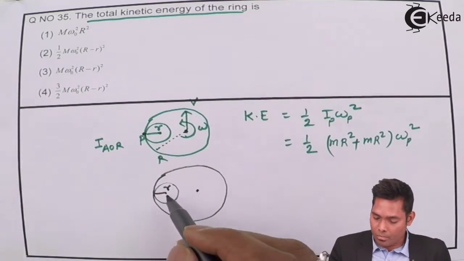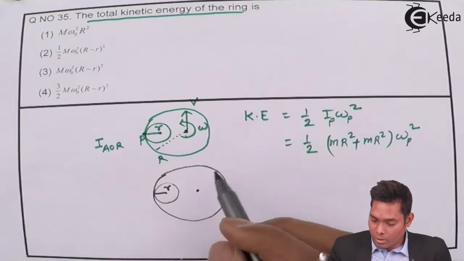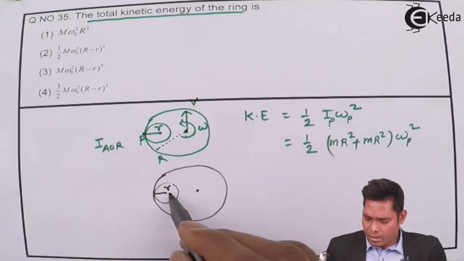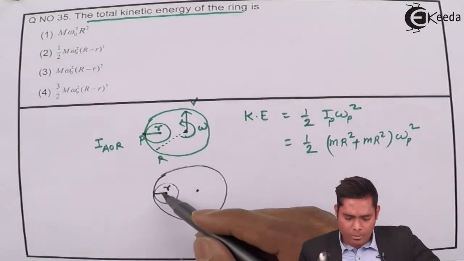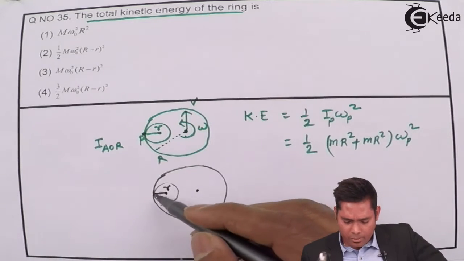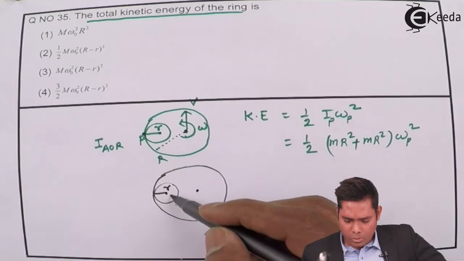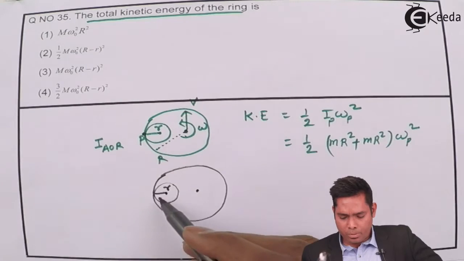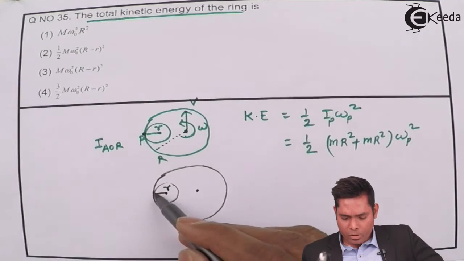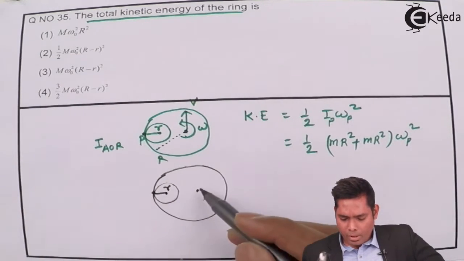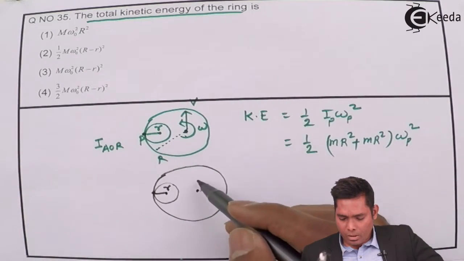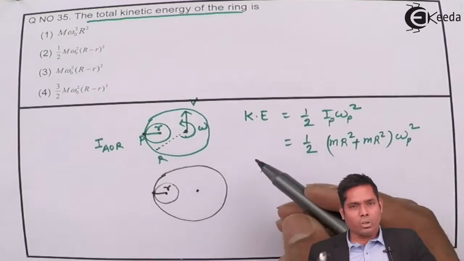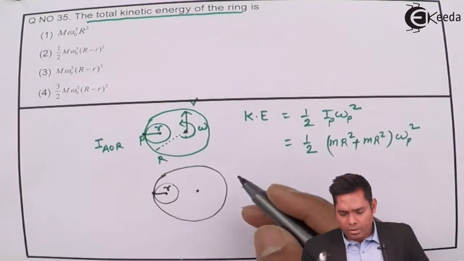Now you can see that if this rotates with omega, this point is rotating with omega, and this point is rotating with any other omega.